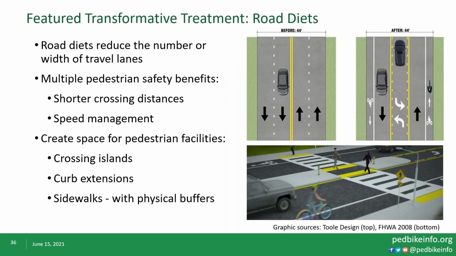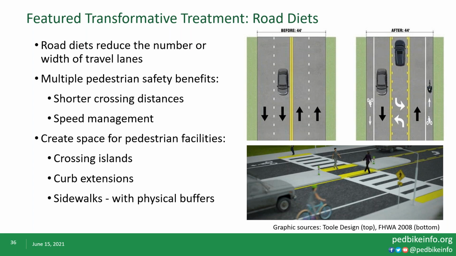And so, just some quick info on a couple of more transformative treatments from a pedestrian safety standpoint on arterials. Road diets have multiple pedestrian safety benefits. They shorten crossing distances and reduce motor vehicle through and turn speeds.